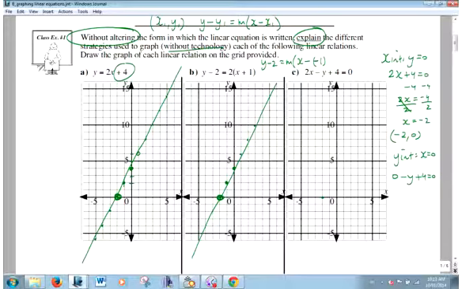What would you want to do now? How about I just throw the y over here and make it positive? Because I don't want negative y-intercept, I want positive y-intercept. What's the y-intercept? Okay, let's add y to both sides. Okay, 4 is y. That's your y-intercept.